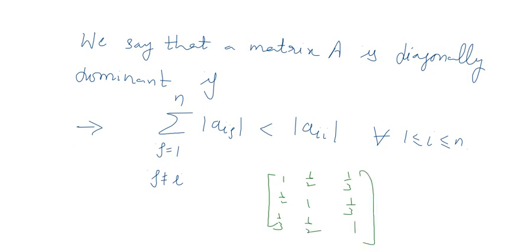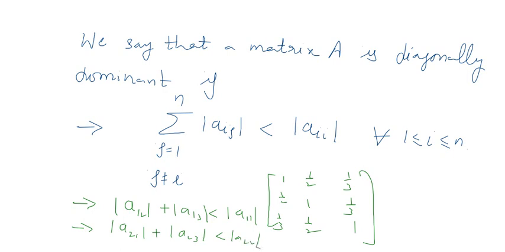So here, mod A12 plus mod A13 is strictly less than mod A11 with respect to the first row. For the second row, you have to look at mod of A21 plus mod of A23 is strictly less than mod of A22. Similarly for the third row, mod of A31 plus mod of A32 is strictly less than mod of A33. So this is an example of a diagonally dominant matrix.